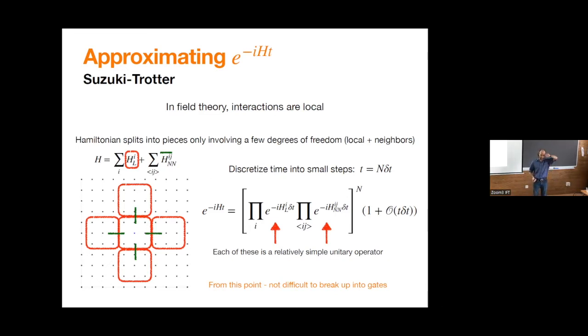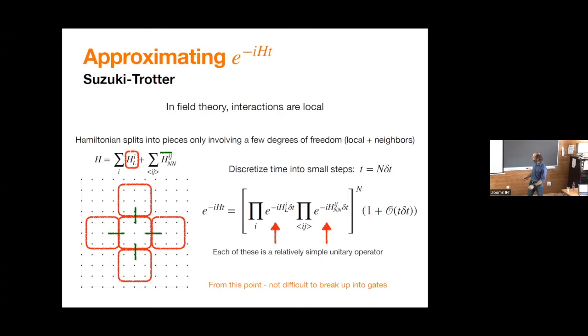Your scalar field can go up to that value. That's the number of states that you truncate to in your simple harmonic oscillator. And so here's one site, and then I have some nearest neighbor interactions that interact these qubits with these qubits, okay? And you just sum up over all of these, and here's your two-dimensional field theory that's been discretized for you.